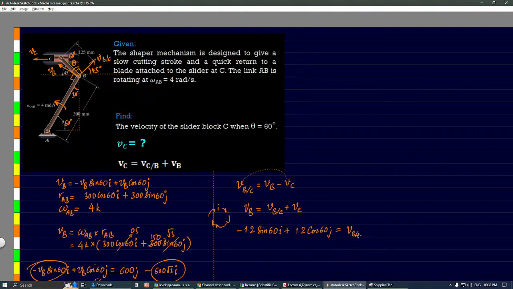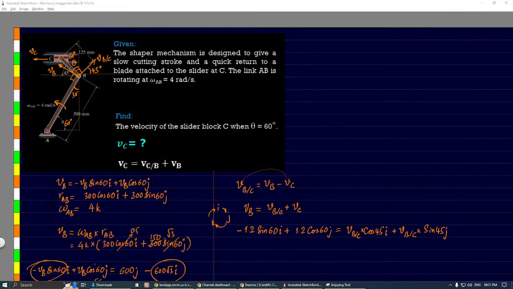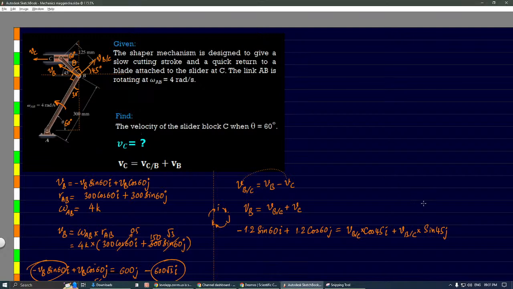Now write the value. Velocity of B with respect to C, horizontal component is cos 45 into I, because it is forward, plus velocity of B with respect to C sin 45 J. So this is velocity of B with respect to C. Then plus VC.